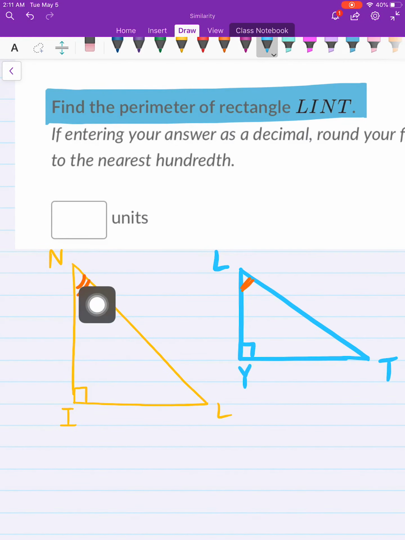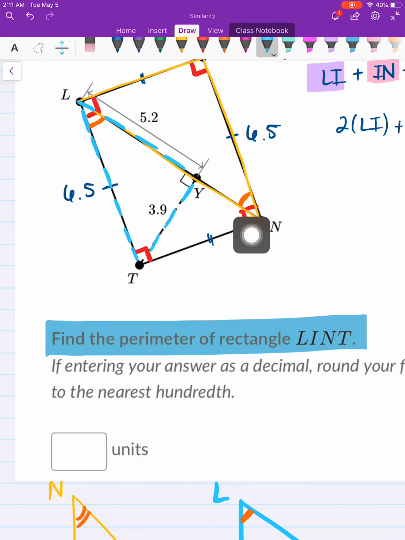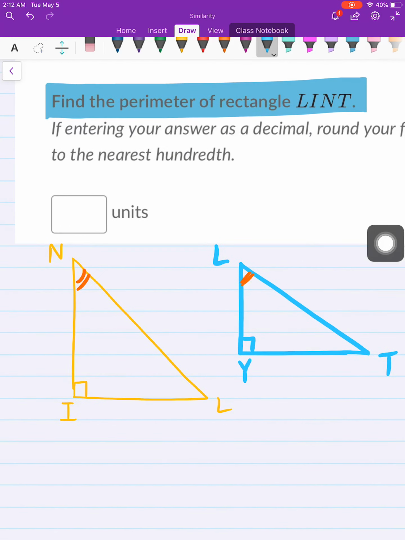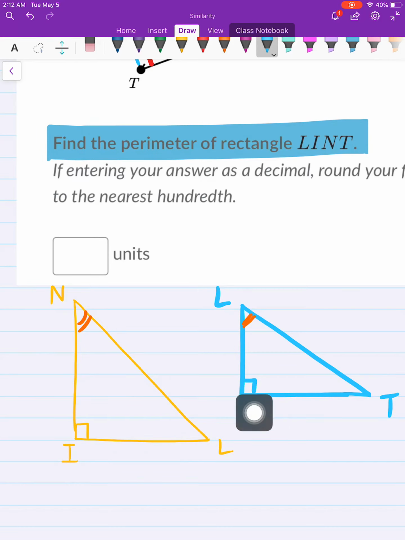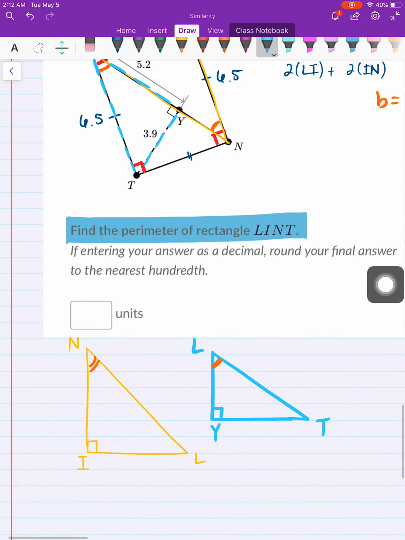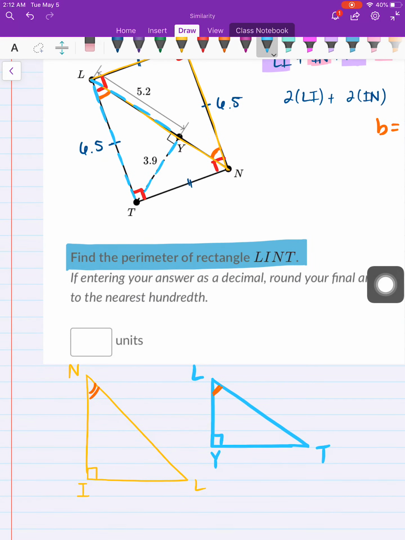And we have the angles that are corresponding to each other, which would be L and N. And then we have Y and I as our right angles. So in this case, I do know that LT measures 6.5, but we're actually not going to need this measurement, so I'm going to go ahead and ignore it. I will be using the 5.2 and the 3.9.